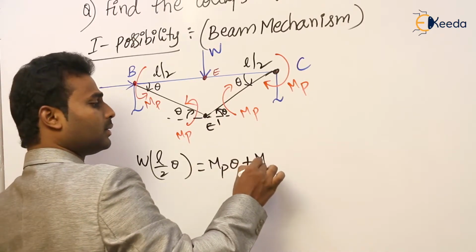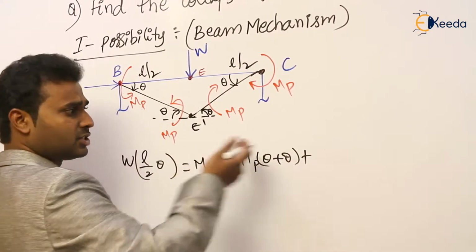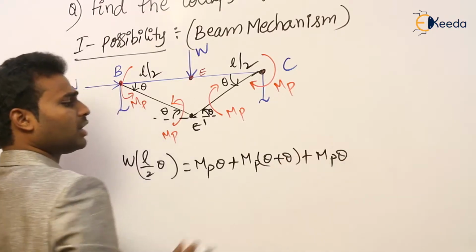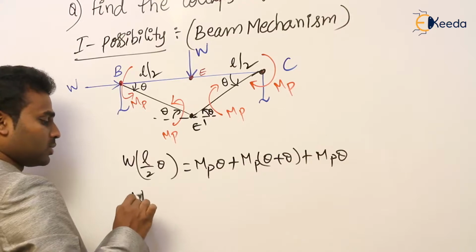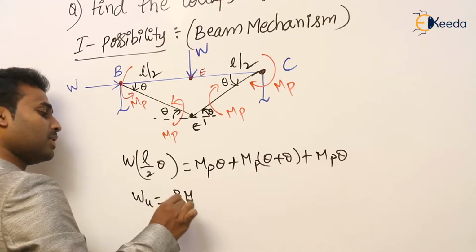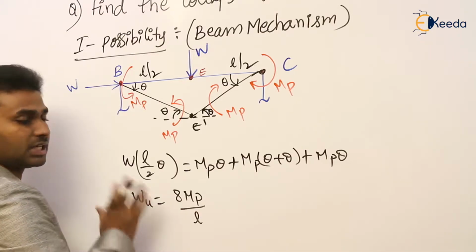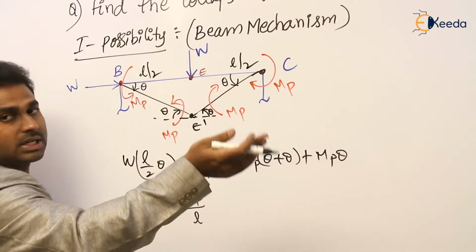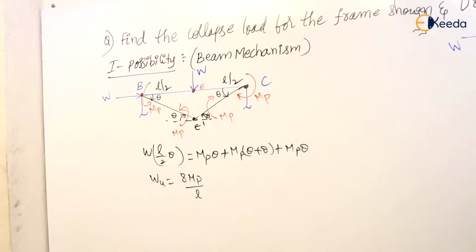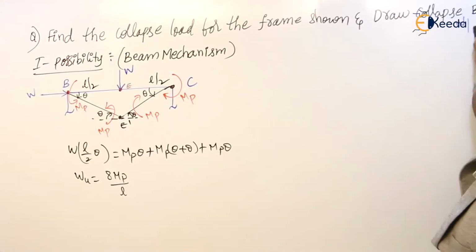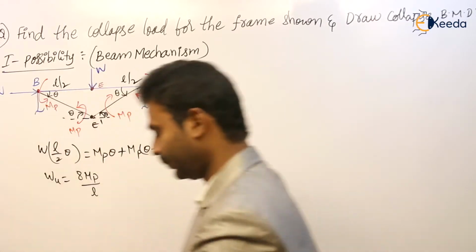Whatever we discussed in the case of the fixed beam applies here also: MP theta plus theta, and so on. Finally, 2, 3, 4, so by 2 into 2, the collapse load in the case of beam mechanism is 8 MP by L. Now let us consider the sway mechanism. Possibility 2, sway mechanism.